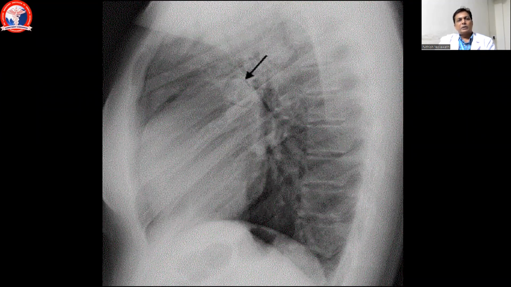Here we get to see a lucent ring. This lucent ring is seen here, shown by black arrow on the lateral radiograph.